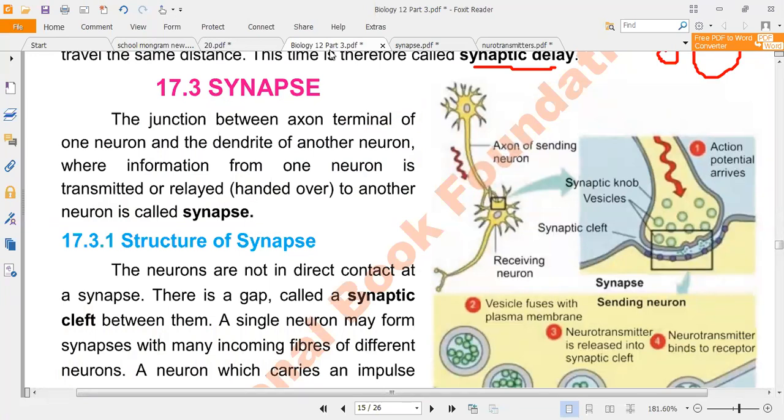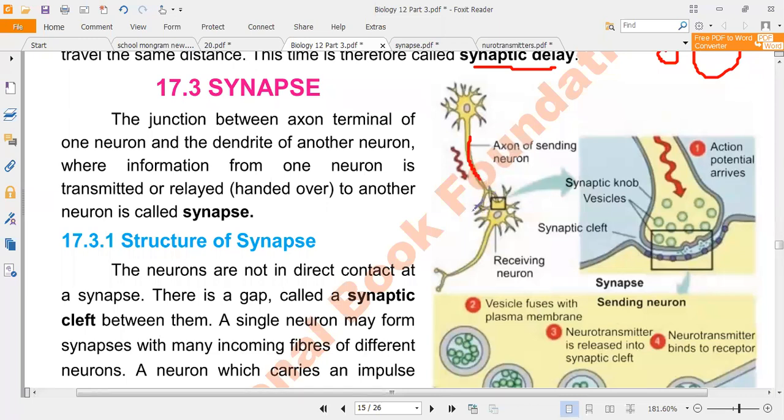Yes, dear students, if you see the topic synapse here, synapse is actually the junction between the axon terminal of one neuron and the dendrite of another neuron.